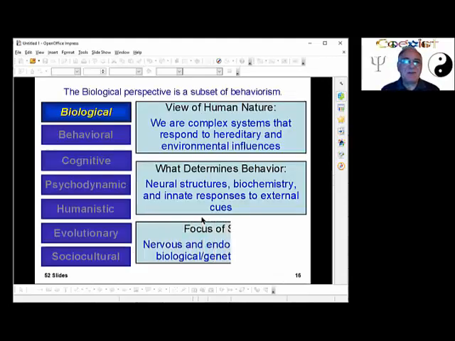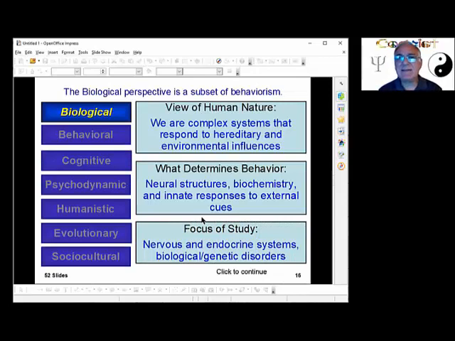So the biological perspective actually has a subdivision called the behaviorists, and we'll talk about behaviorism in the next one. But the biological view says we are complex systems that respond to heredity and environmental influences. We have adapted to the world, and what determines our behavior is our neural structures, our biology, our brains, our biochemistry, and the innate responses, the things that are built into us because they were adaptive in the past to our external cues in the world.